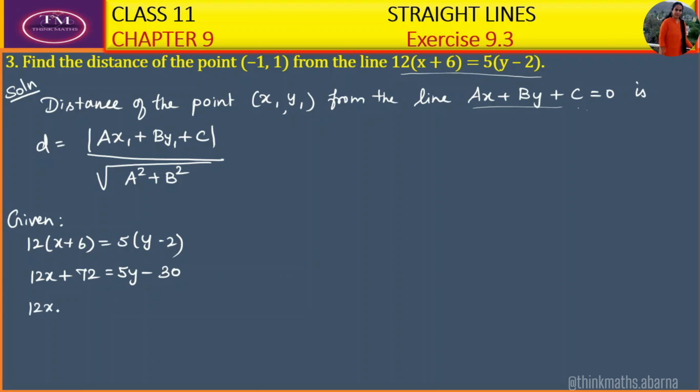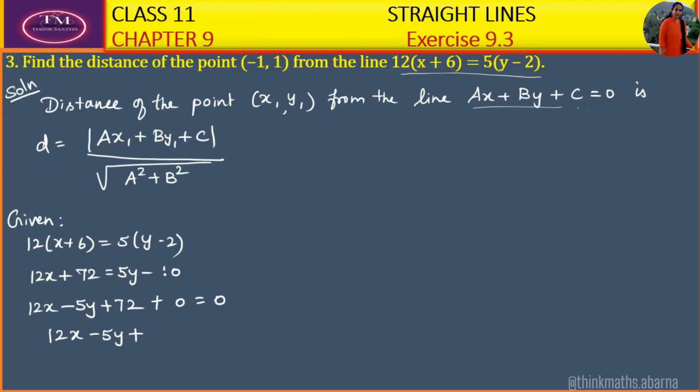So bringing the y terms here, it is 12x, 5y will become here minus 5y, and we have plus 72. This minus 10 will become plus 10 equal to 0. So we have 12x minus 5y plus 82. Okay, am I right? No, it is 5 twos are 10 here. I wrote 30. I'm sorry.